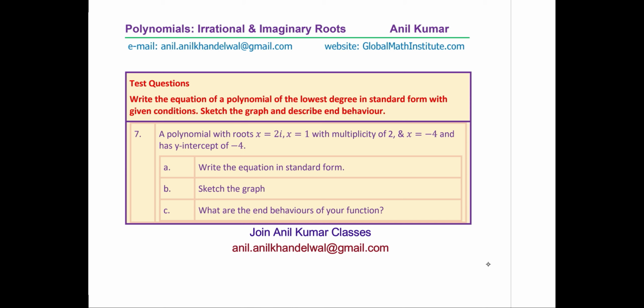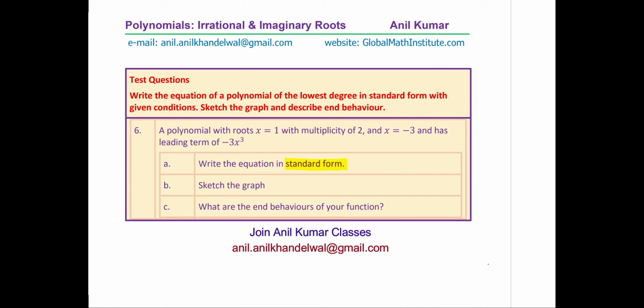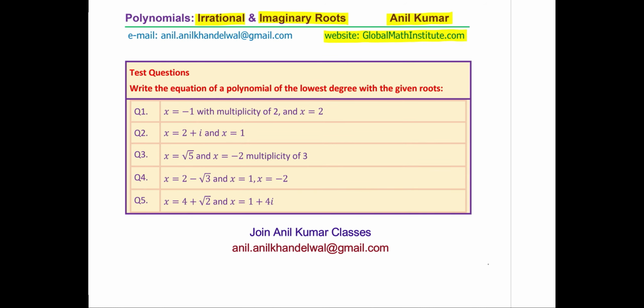Perfect. So these are the questions for you. I think you can try them out. In case you need help, you can always send an email on the address given. We'll discuss how do we solve such questions in this video.